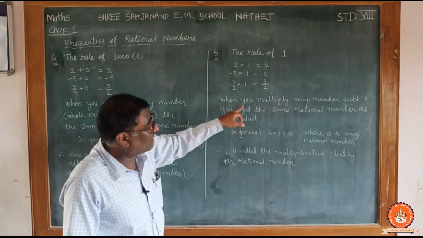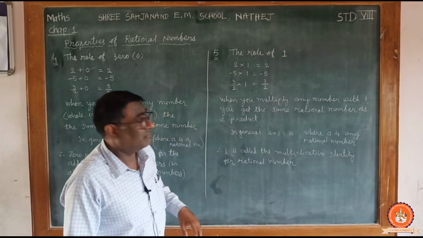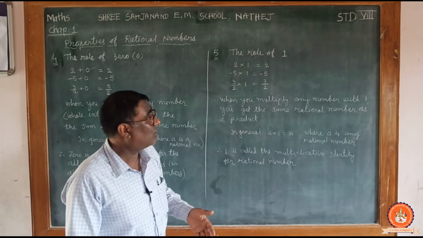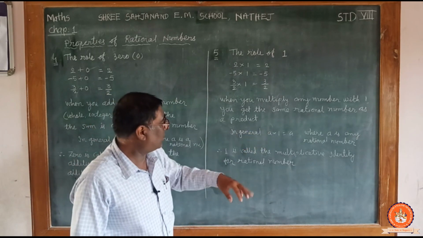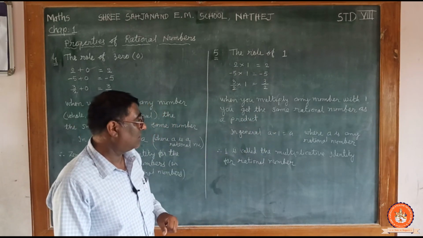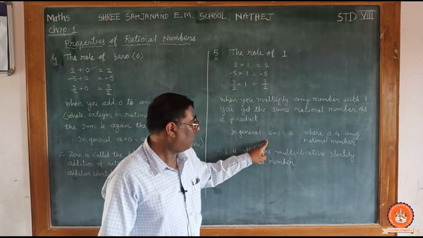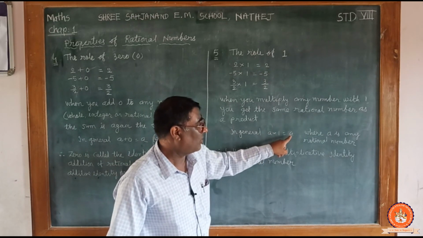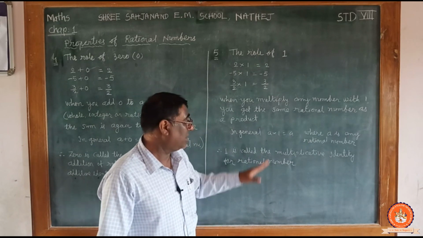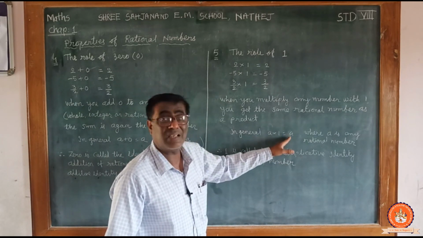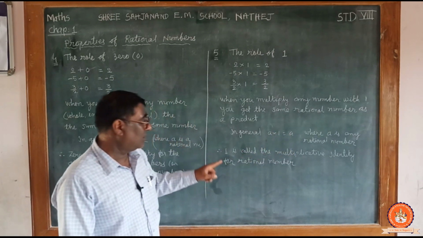So when you multiply any number, may it be rational, integer, or whole number, with 1, you get the same number as a product. In general, a multiplied by 1 is equal to a, where a is any rational number.